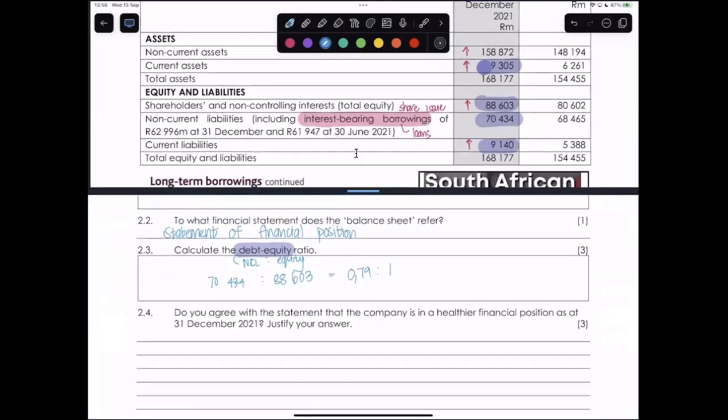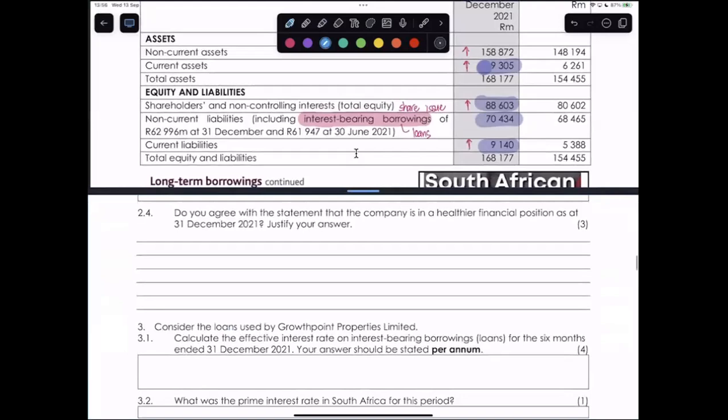Okay. We can then look at the question that says, do you agree with the statement that the company is in a healthier financial position? Justify your answer. Well, looking at the current ratio and the debt equity ratio, I would definitely say yes. Sometimes it's better to actually conclude with a yes because you want to make your arguments first. So I would immediately say the debt equity ratio has decreased or has improved.